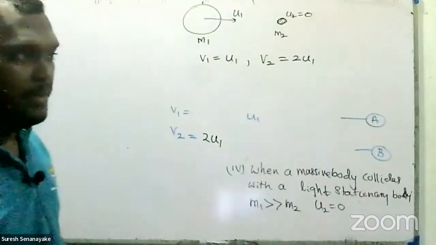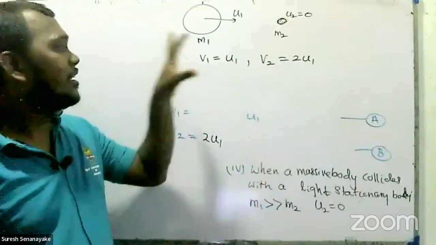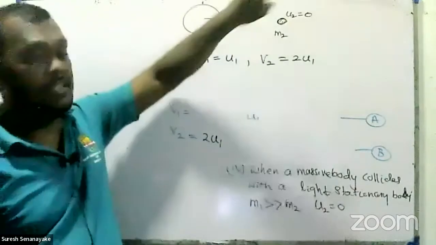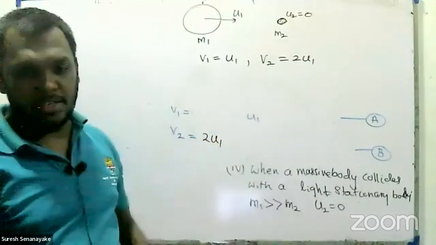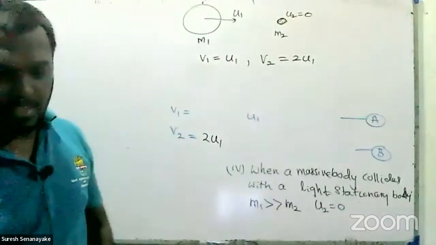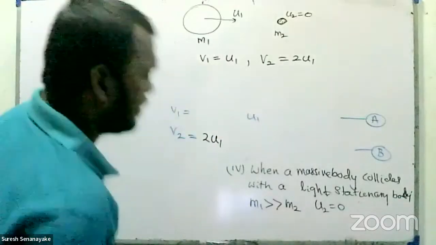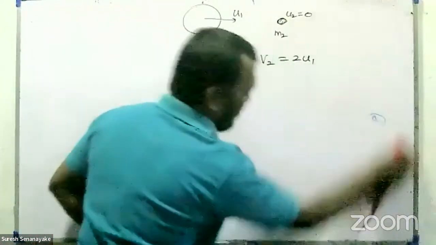The other body remains stationary. And then the final case is a very massive body colliding with a stationary lighter body. The lighter body moves at twice the speed of the moving body, and the moving body does not change; it remains at the same speed. These are the key factors.